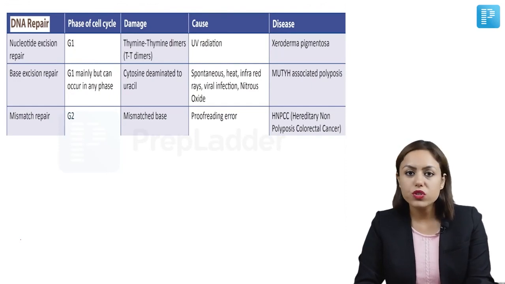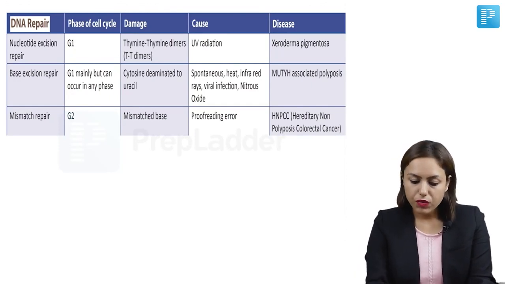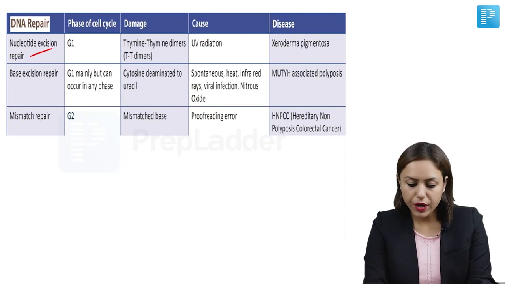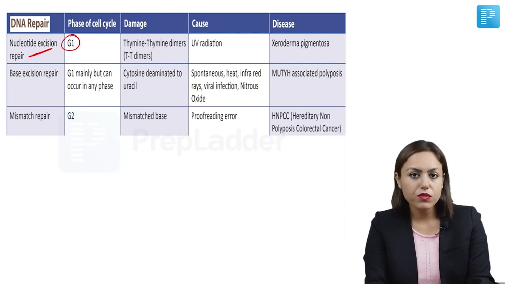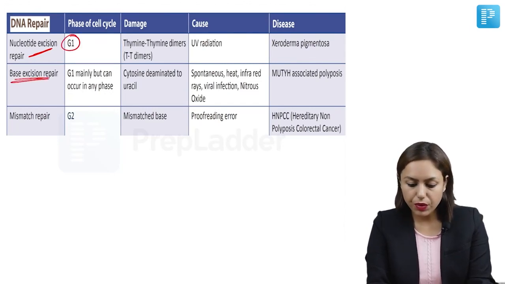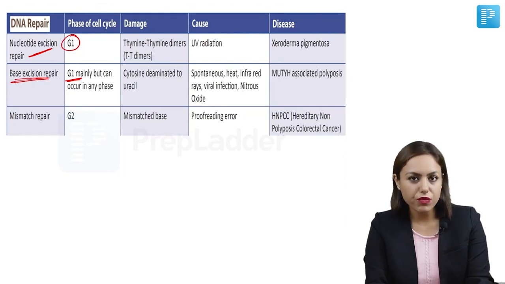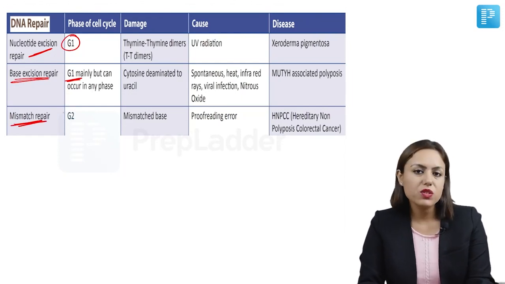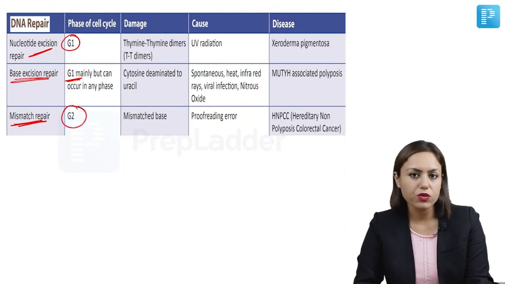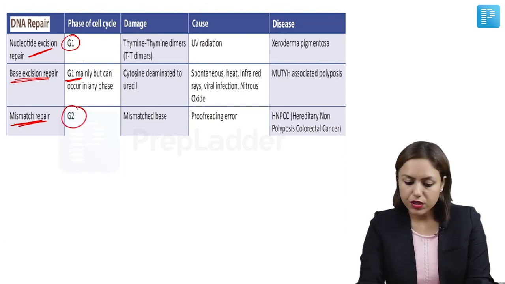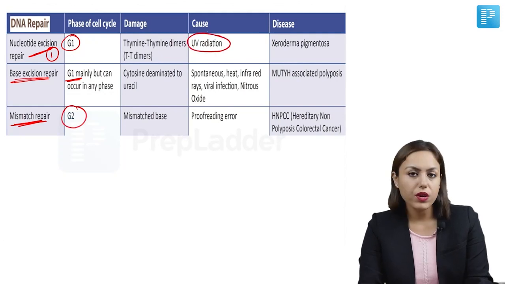Then next, let's do this table of repair. Okay, we have 3 types of repair: nucleotide excision repair, which occurs in G1 phase of the cell cycle; base excision repair, that also occurs mainly in G1 phase; mismatch repair is one repair which occurs in G2 phase of the cell cycle. Okay, now first is nucleotide excision repair. The cause is UV radiation.